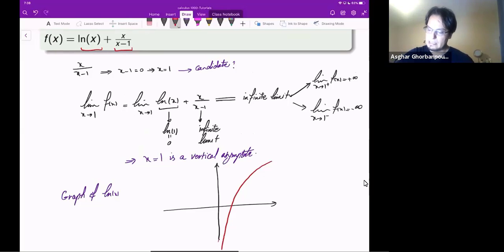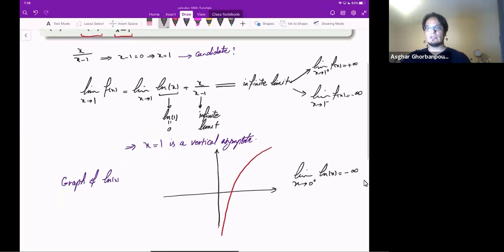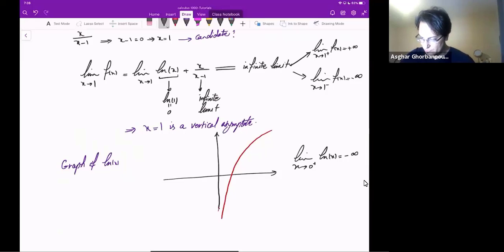It means that as x approaches 0 from the right, the limit of ln x is negative infinity. So that is the second point that we have to check.